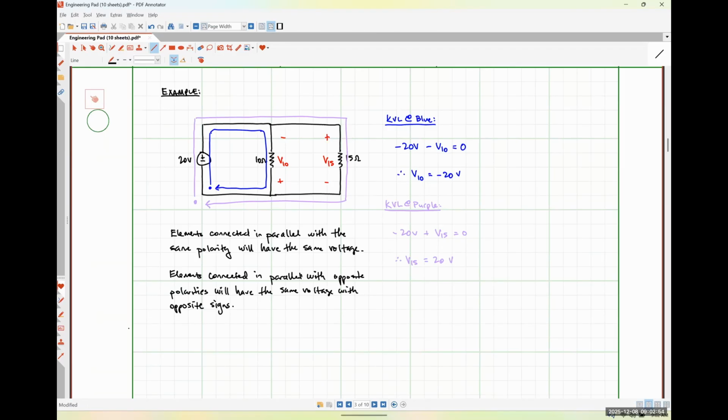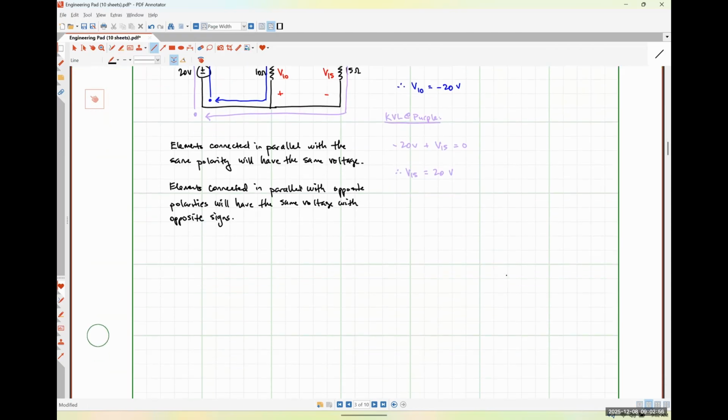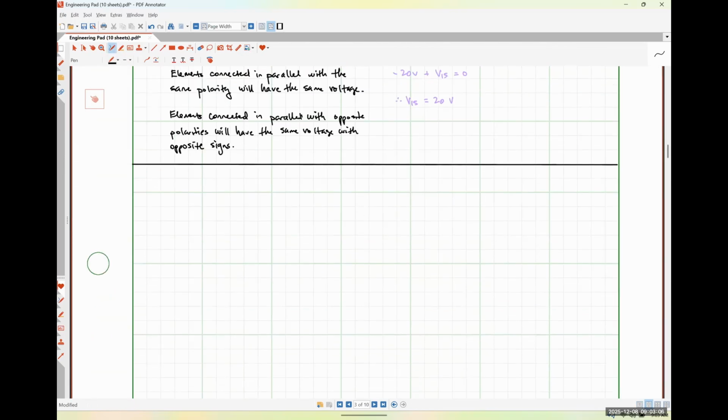All right, so the last thing that I want to talk to you guys about for today is Kirchhoff's current law. There are three different ways that we are going to represent it.